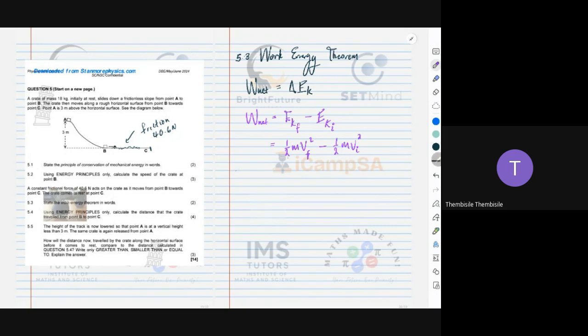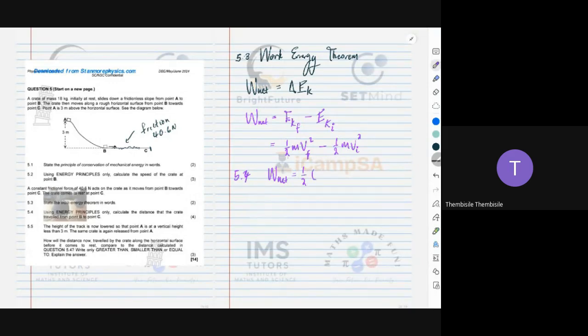So what do they want now? 5.4. Use work energy principles only to calculate the distance that the crate traveled from point B to C. Okay, from point B to C. So that means what we can do here, let's start with this. Work net, we can say work net equals to 1 over 2.